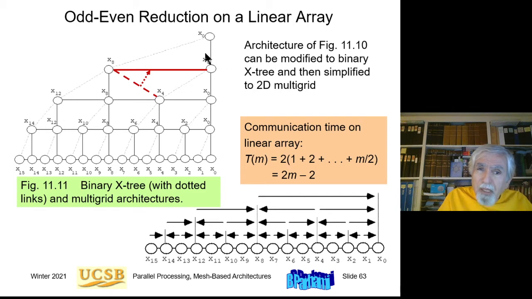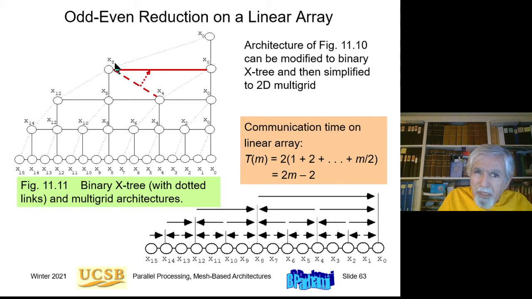Okay? I can even simplify the X tree by removing all these diagonal lines and just keeping the vertical lines and horizontal lines. And this will be called a 2D multigrid. So a 2D multigrid can do the same job as an X tree with some slowdown.